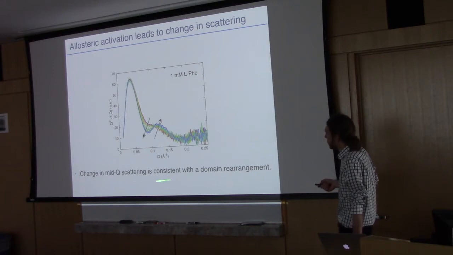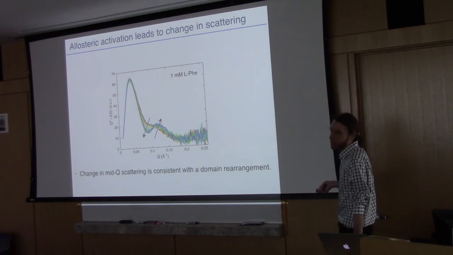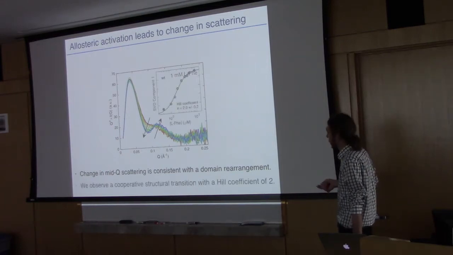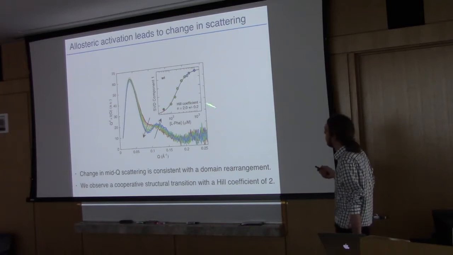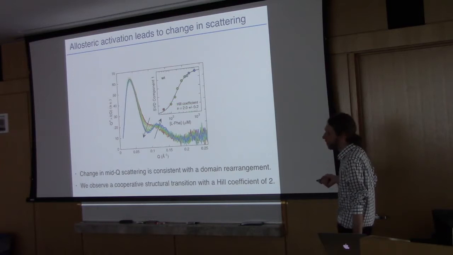And changes in mid-Q scattering such as this are often consistent with a domain rearrangement. The other great thing is that by doing SVD, we can pull out that this is a two-state transition, and we can fit it with a Hill equation and get cooperativity. So we have an n value of 2, which will become important later when I talk about mechanism.